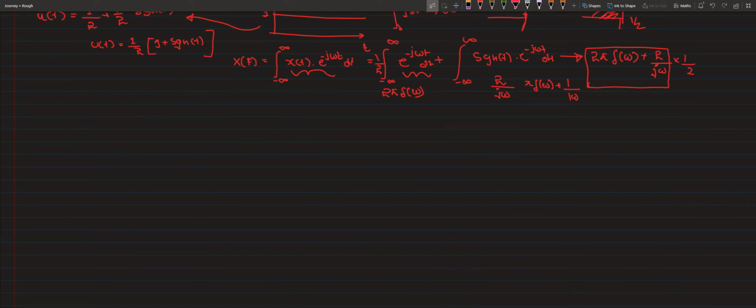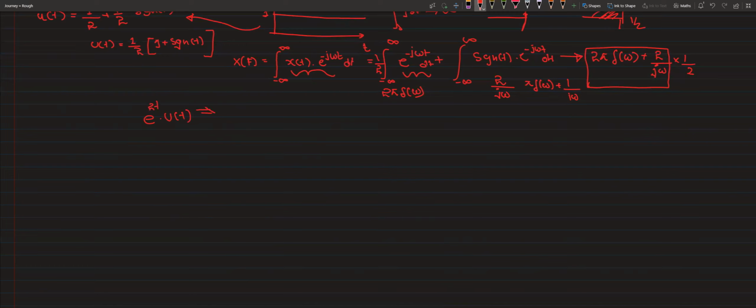Next question is 55. Find the Fourier transform of e power 2t into u of t.